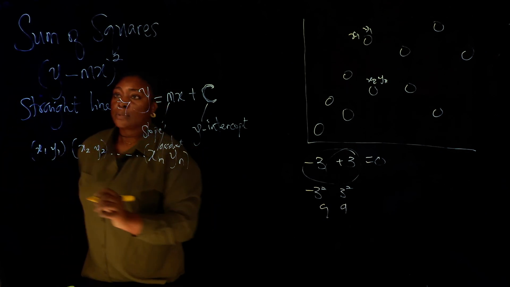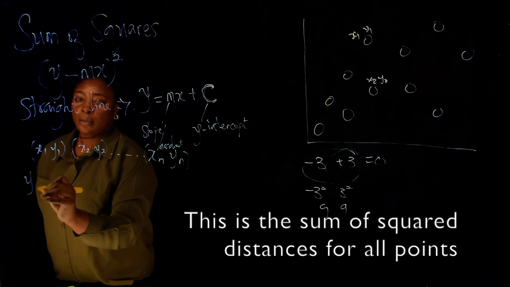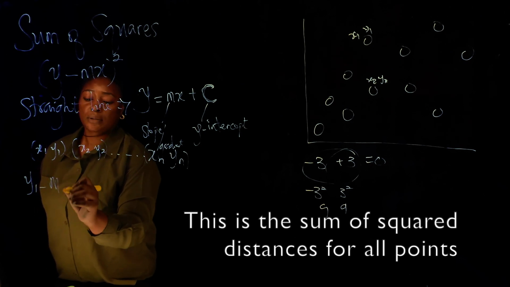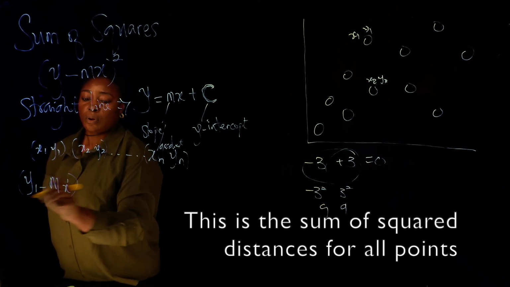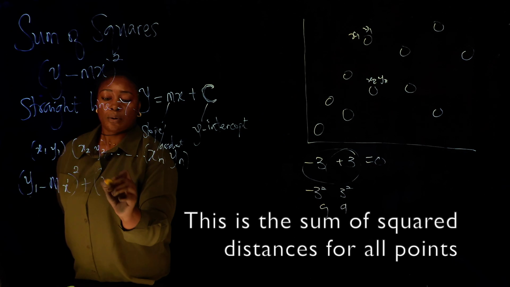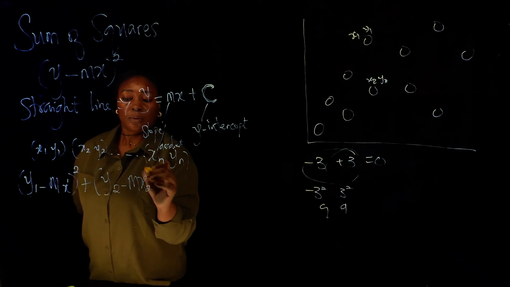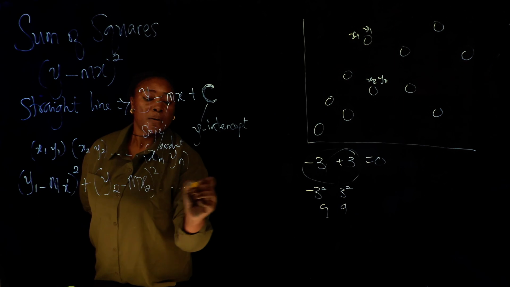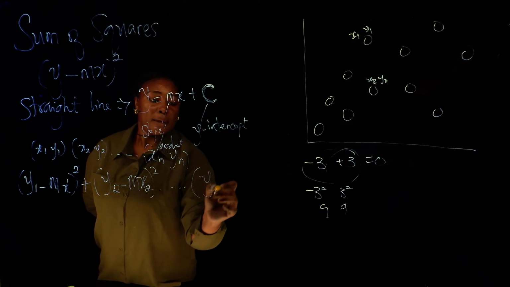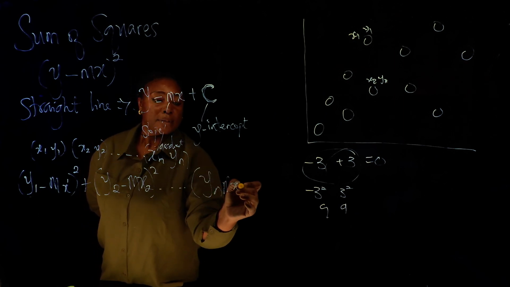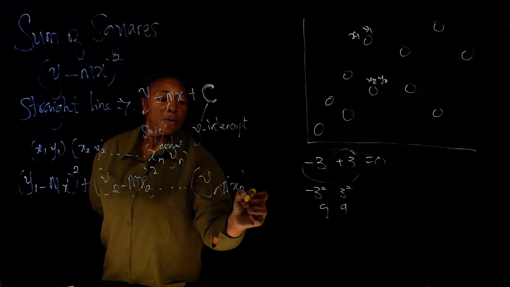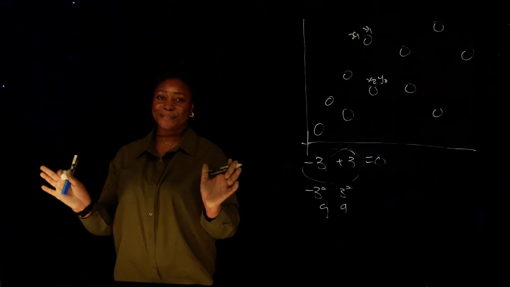So we're going to be having something like y1 minus mx1 all squared plus y2 minus mx2 all squared up to yn minus mxn all squared. Sorry, I ran out of space.